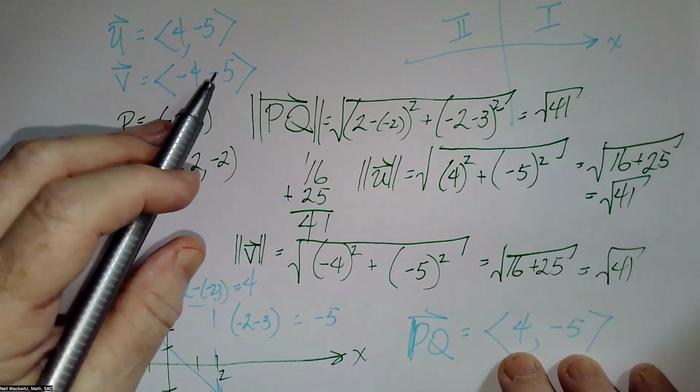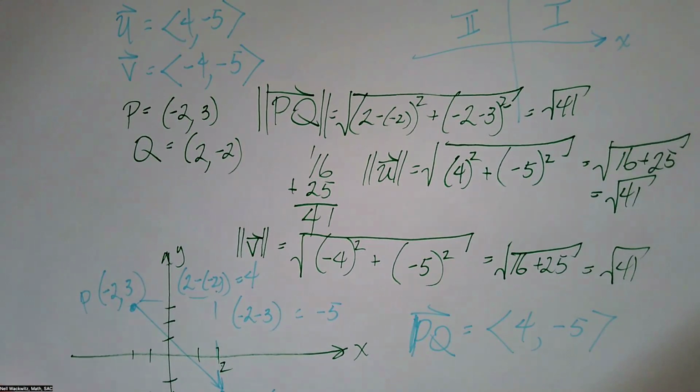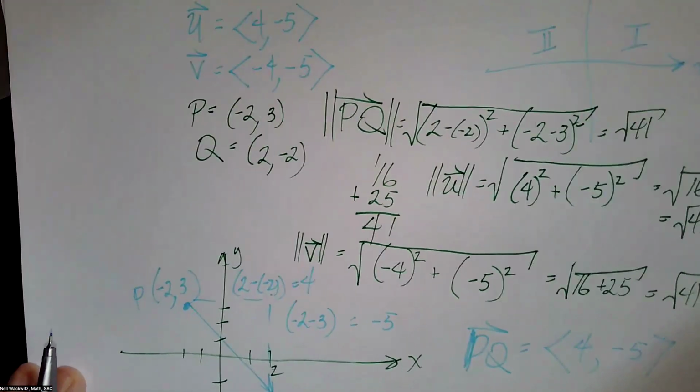V is -4, -5. So yes, it has the same magnitude, but it's not even in the opposite direction.